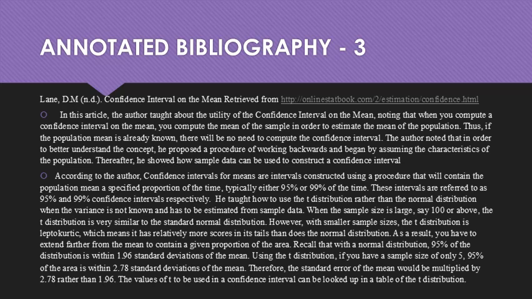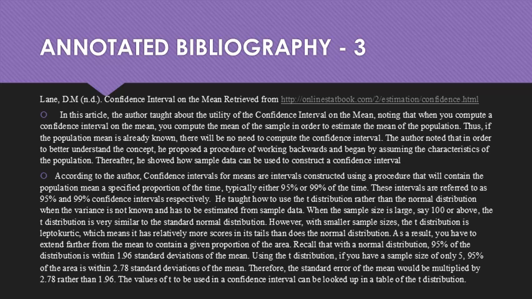The author noted that in order to better understand the concept, he proposed a procedure of working backwards, and began by assuming the characteristics of the population. Thereafter, he showed how sample data can be used to construct a confidence interval.